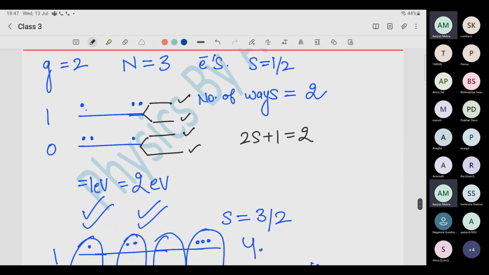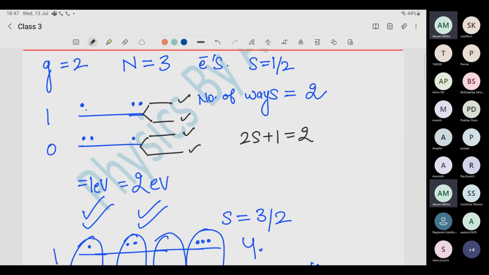You have 4, na? Do you understand? If I split each energy level into 2 levels, then what is the total number of levels it will become? 4. Yes, sir. So 4C3.